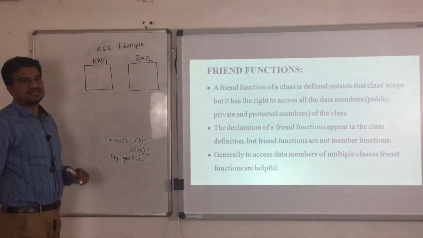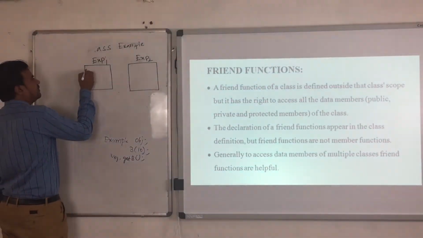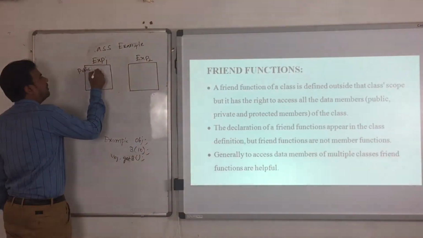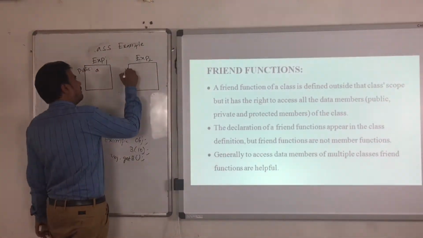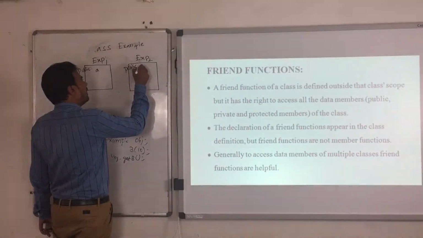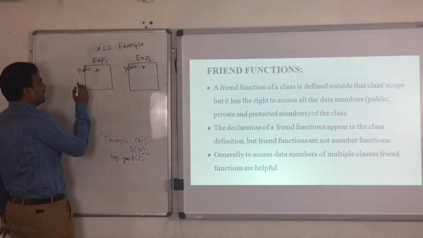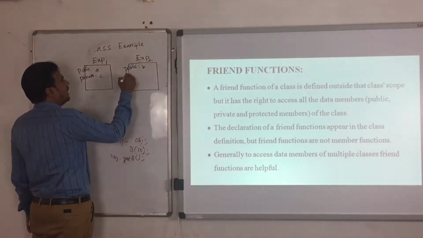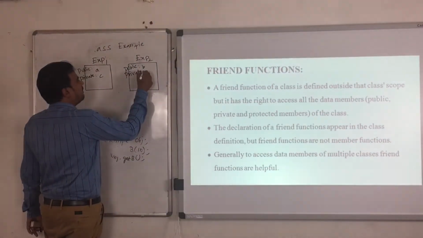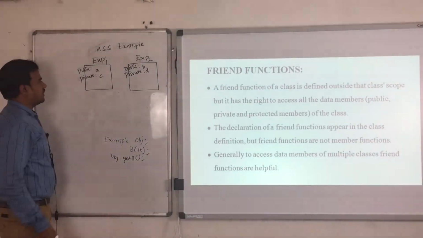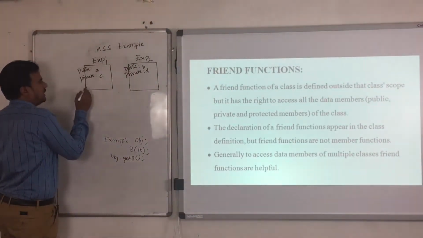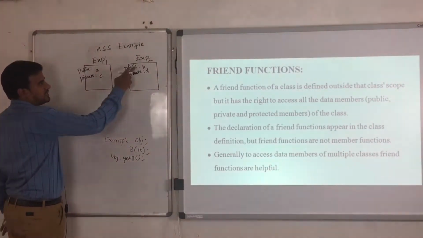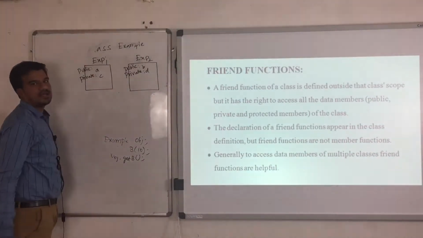So I have two classes. Let us assume I have one public member over here, public A, and here one public member, public B. Here one private member, private C, and here one private member, private D. Now if I declare a public method over here, that public method can access only A and C. It cannot access B and D because it is declared inside this class.